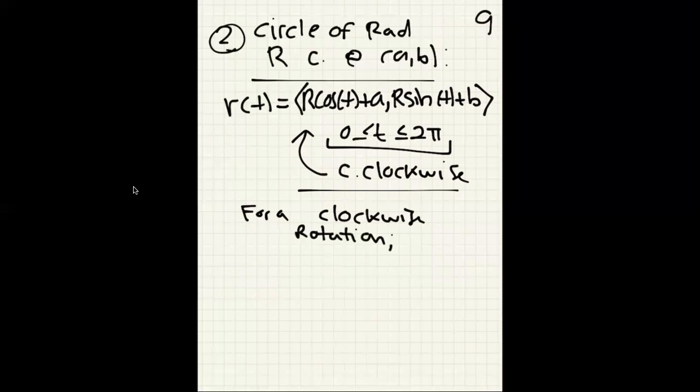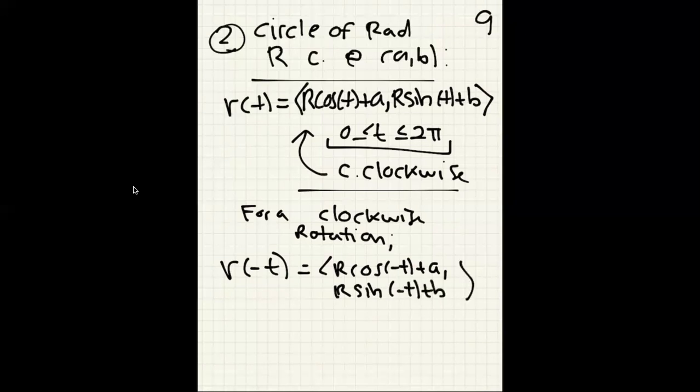So you'll have r of negative t, and this is just r cosine negative t plus a, comma, r sine negative t plus b, and playing with the parity, the even and odds.